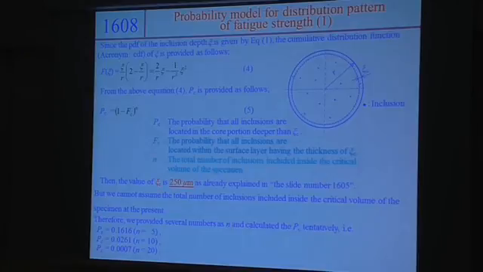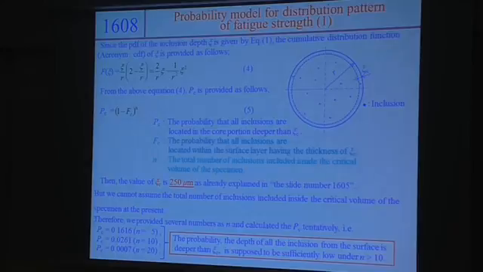But we can't assume the total number of inclusions included inside the critical volume of the specimen. Therefore, we provided several numbers as n and calculated the PC, and thus we have the PC value as shown here.